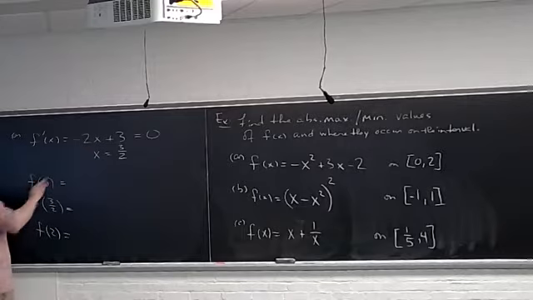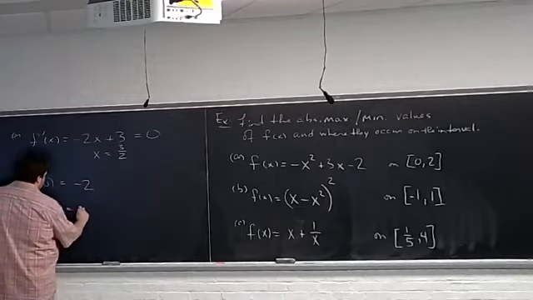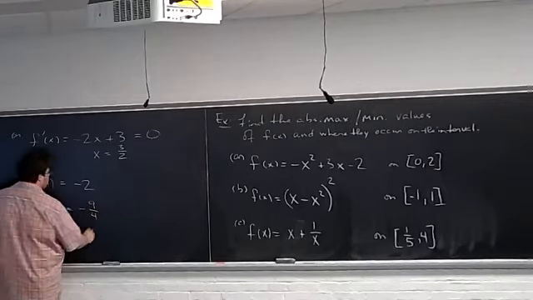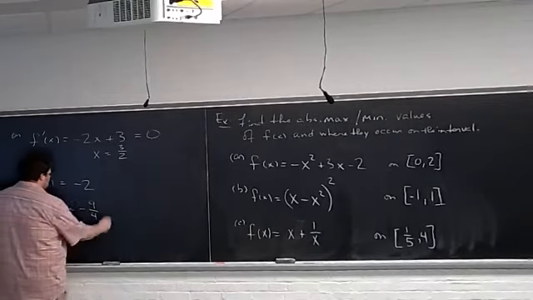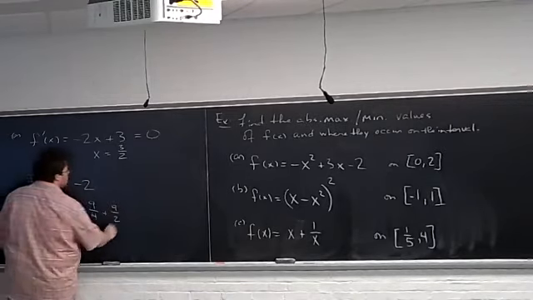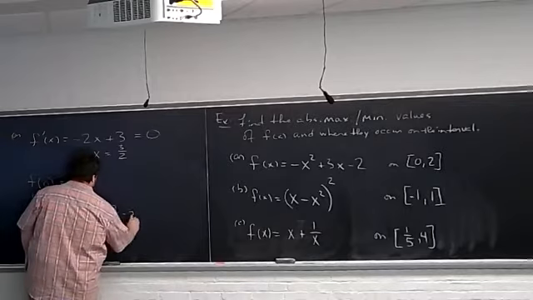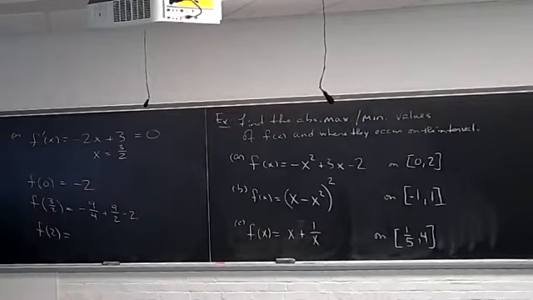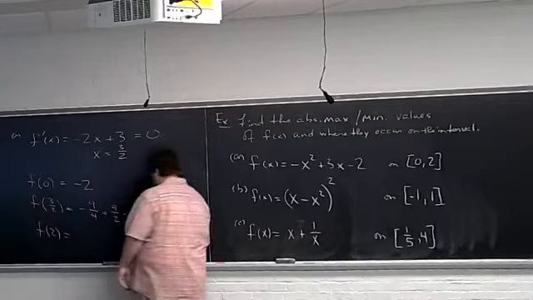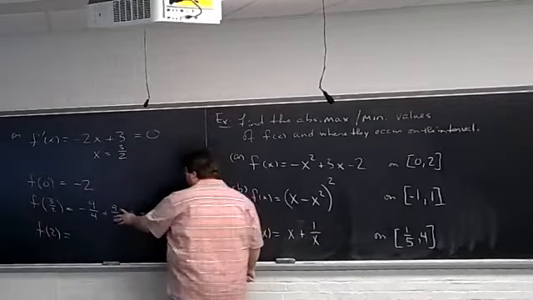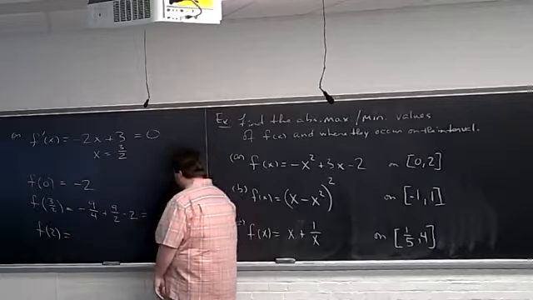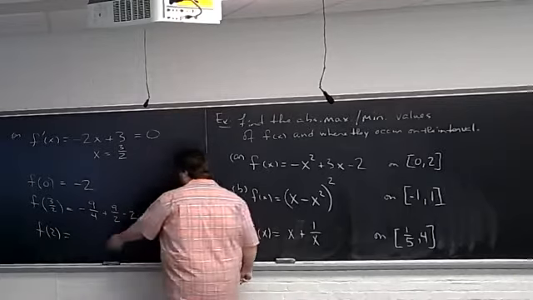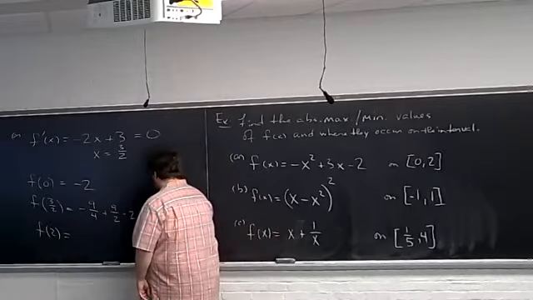F at 0 is negative 2. F at 3 halves is what? Negative 9/4 plus 9 halves minus 2, and then you take a step back to make sure you don't have something wrong there. Yep. And what does this equal? Well, 9 halves minus 9/4 is 9/4. 9/4 minus 2 is 1/4.